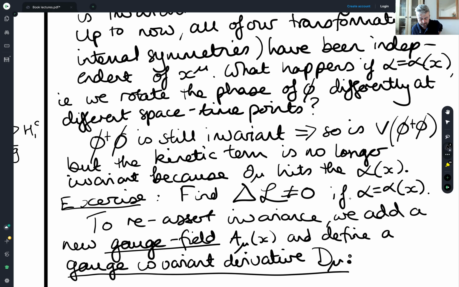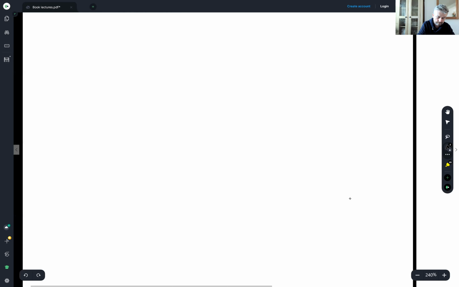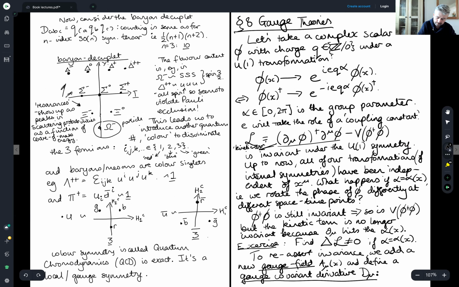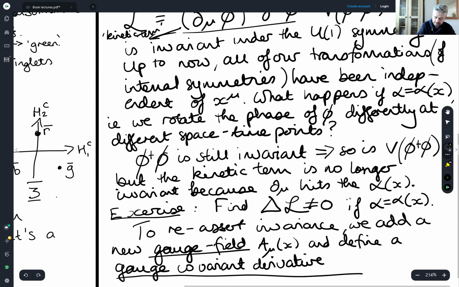So on the next page, we're going to just define that gauge covariant derivative. So instead of partial d mu phi, we're going to define this gauge covariant derivative, big D mu phi.